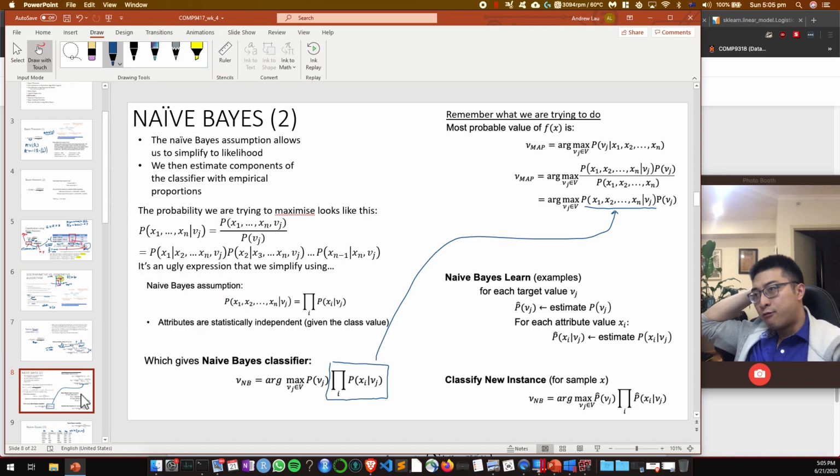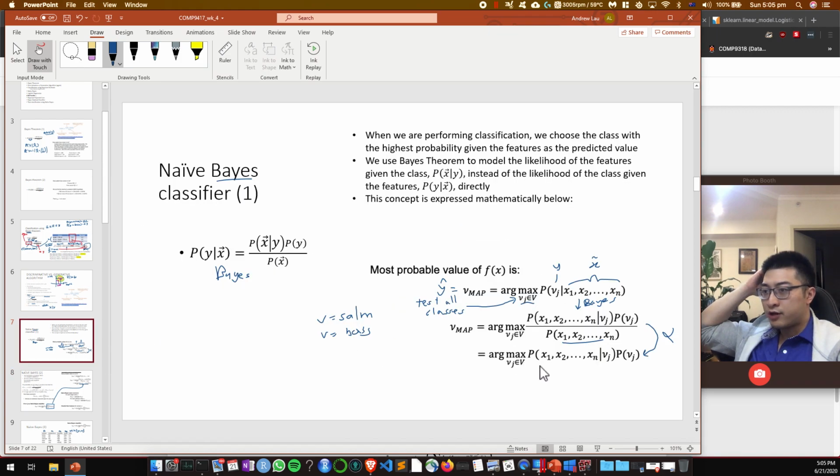Now let's see what this naive Bayes business is all about, what the difference is. There's something called the naive Bayes assumption, and it allows us to simplify the probability a lot. This is the original probability we're trying to maximize, right? We have this expression here, the probability of all your features given your target.